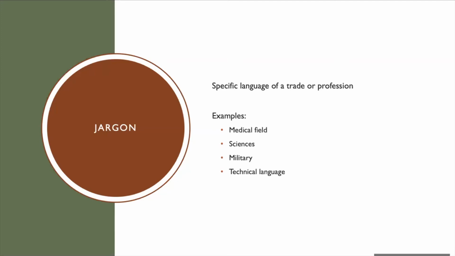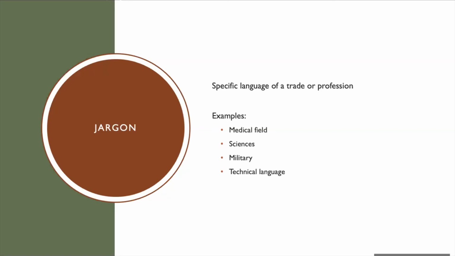Or if you are in cooking, there's lots of different language that you use as a cook, right? To talk to the fellow cooks in your life. So it's important to be thinking about this, because if you're writing on a certain subject, you want to think about your audience when you're using jargon, because you want to keep in mind, will your audience understand you? Will they understand the jargon?